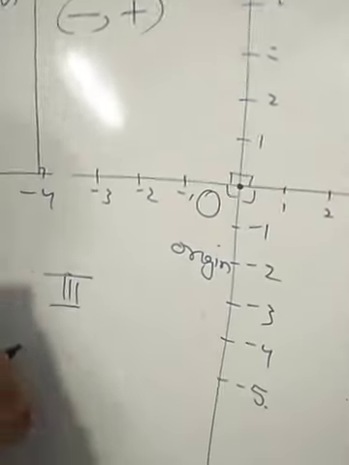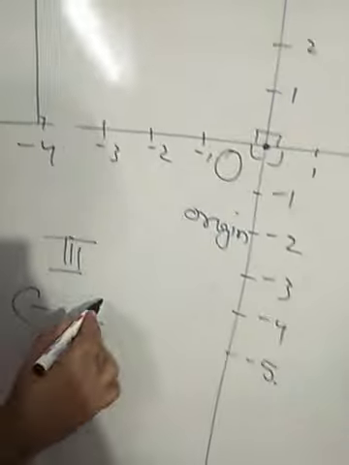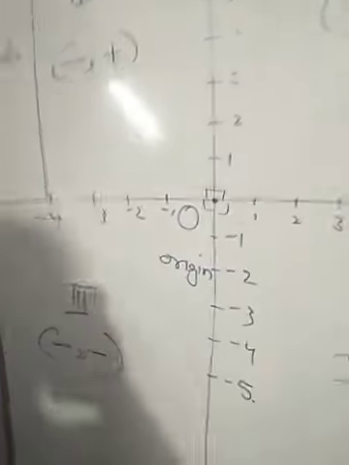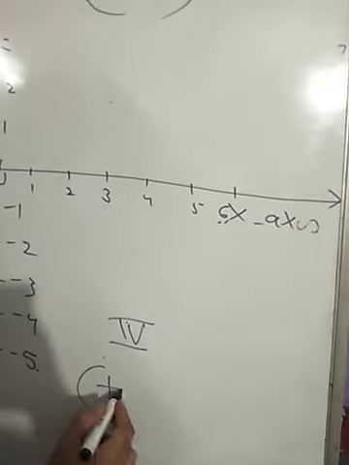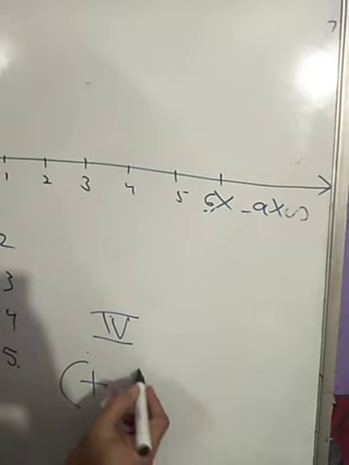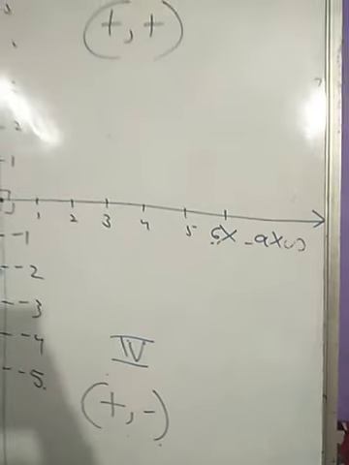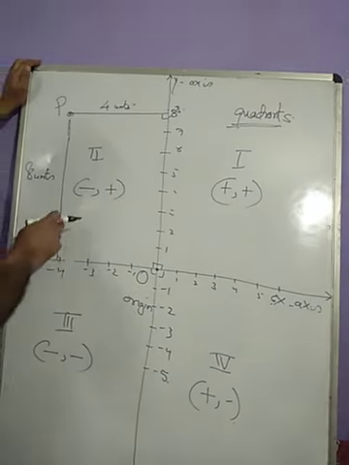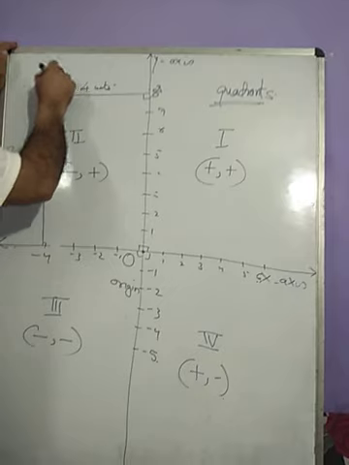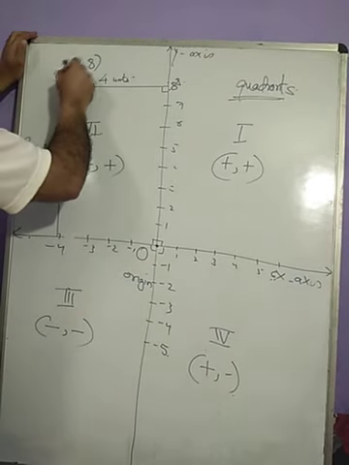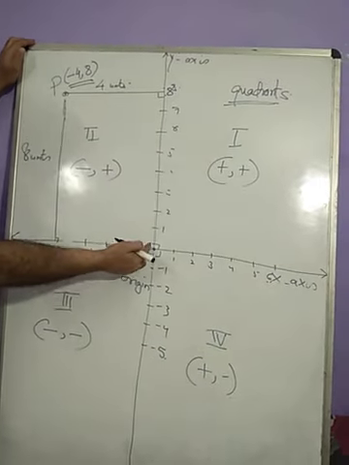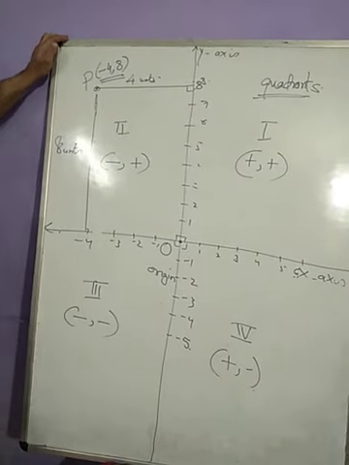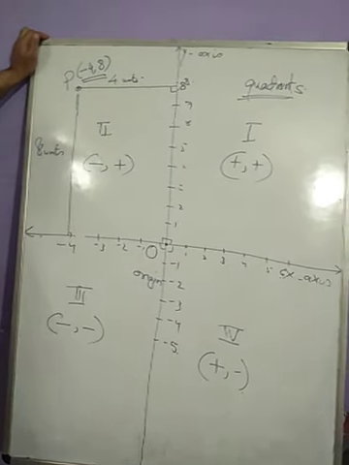In the third quadrant, both are negative. And in the fourth quadrant, the x coordinate is positive and the y coordinate is negative. Like in the previous part, we said the coordinates are 4,8. Not exactly 4,8. It is actually minus 4,8 because the x-axis scale is negative here in the second quadrant.